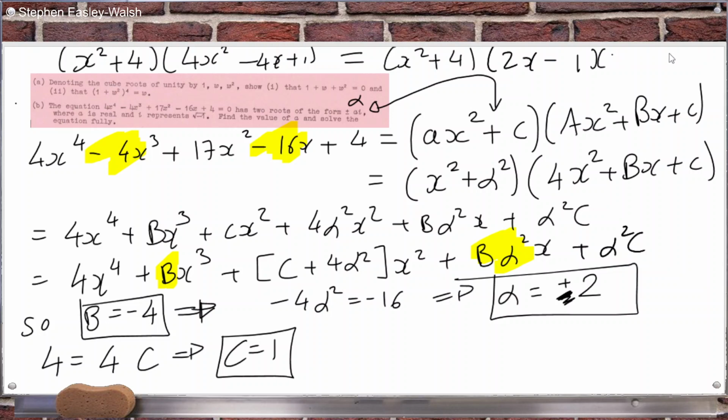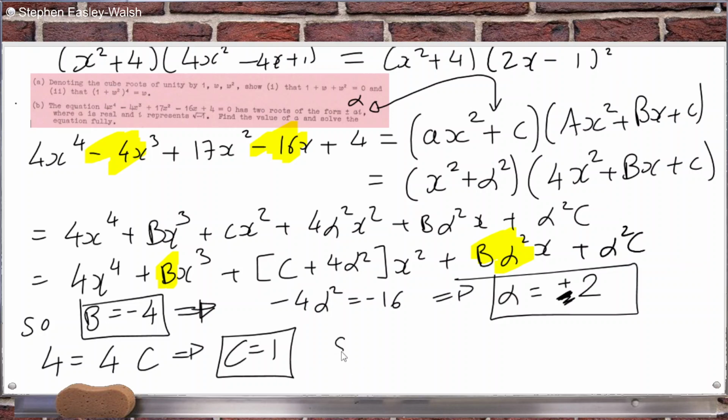Has to be 1 and 1 here. 2x by 2x, 4x. Yeah, it's 2x minus 1 squared, isn't it? That's 4x squared minus 4x plus 1.